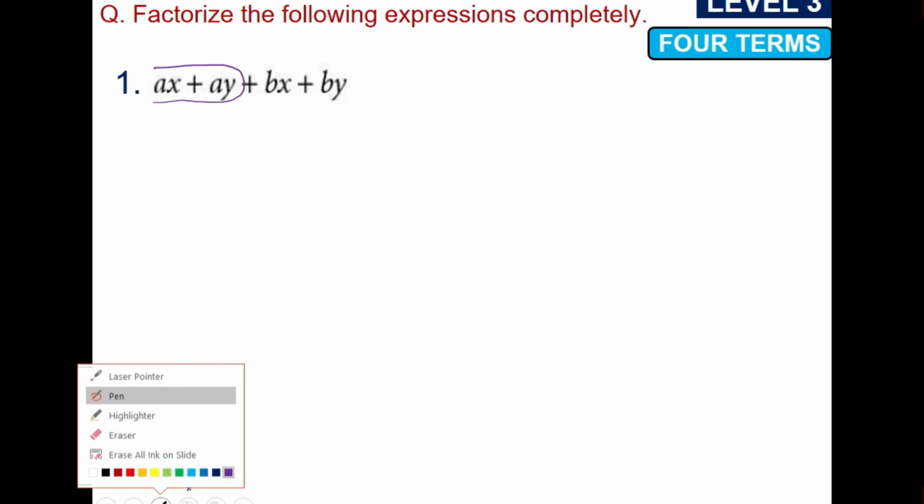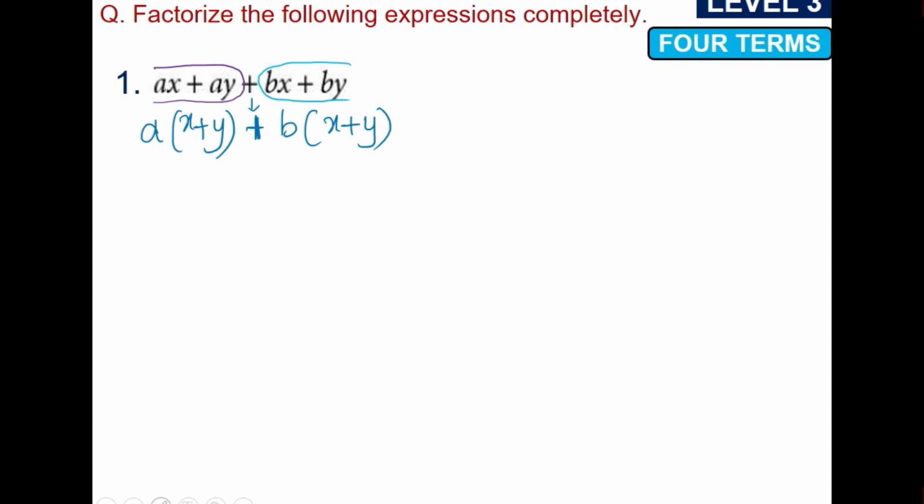I'll be grouping them as ax plus ay, and I have bx plus by. Looking at the common terms, I have a as common here, so the remaining is x plus y, and this is the same plus sign that I'll be putting. And from this part, I have b as the common factor, and again x plus y.